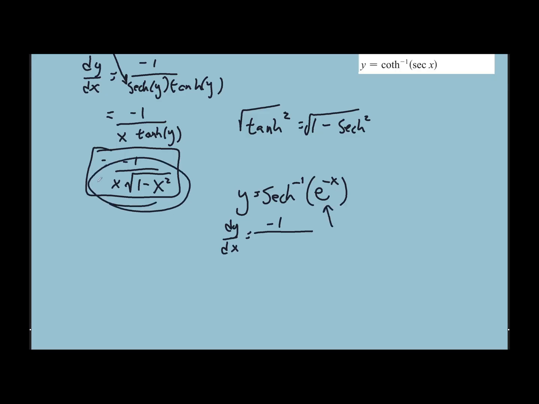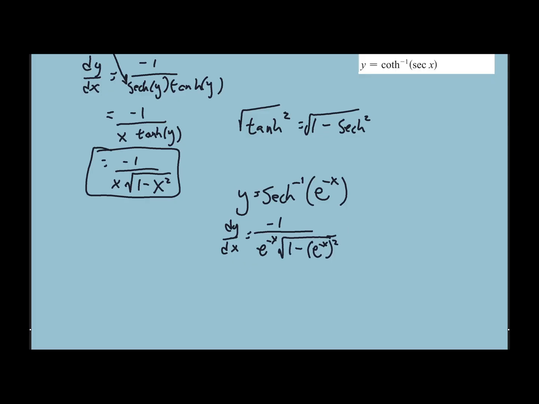In a formula, the x is the input, right? It's not x. Here it's e to the negative x. So we get e to the negative x times the square root of 1 minus e to the negative x squared.